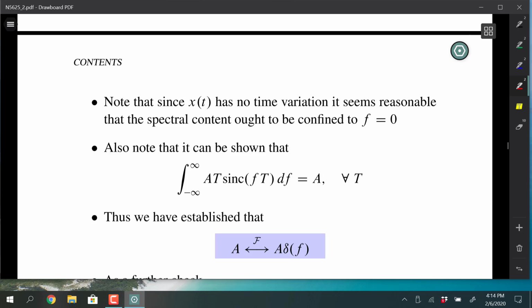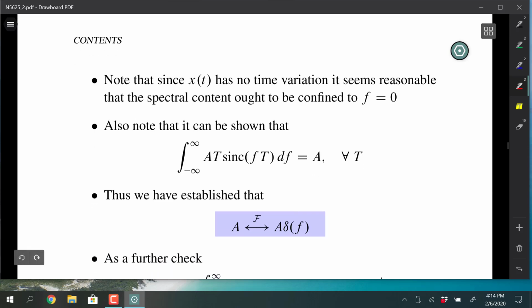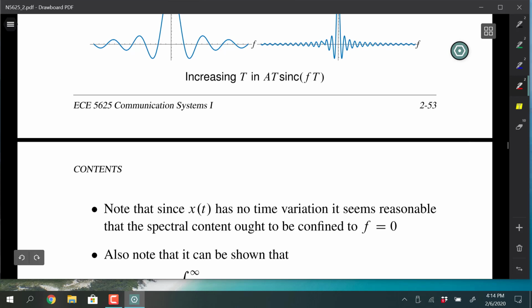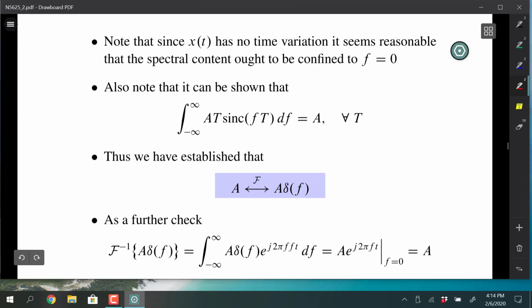And then on top of that, we also sit back and look at this and say, as I let t get very, very large, that delta function is compressing in, and we think, where should the spectral information of a constant signal reside? Should it be spread all over a wide band of frequencies? Given that it's a constant, it should be focused all at DC, right?